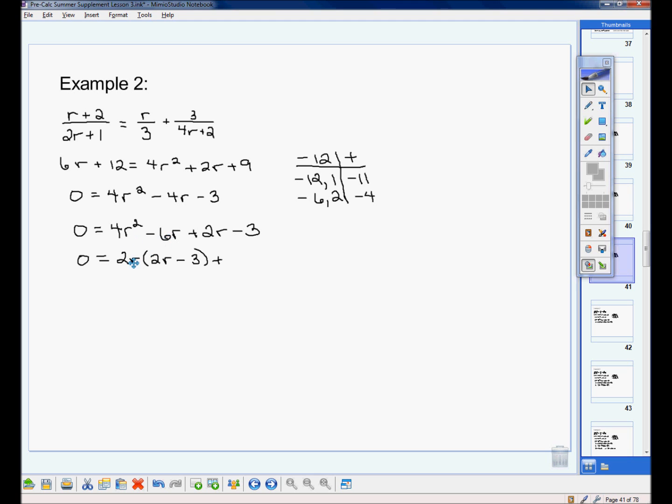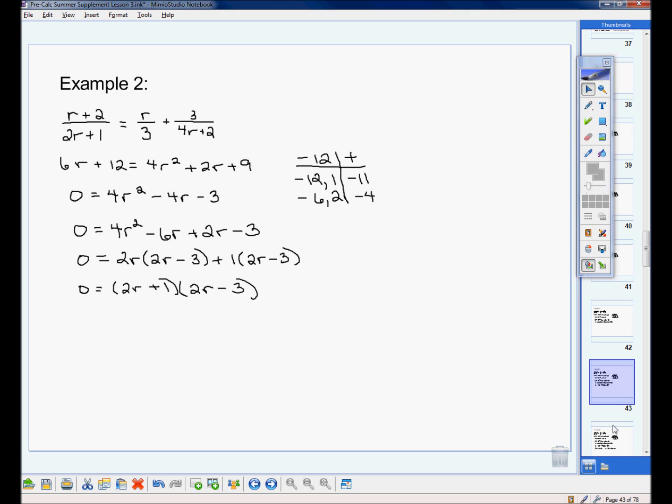2r is in common here. 2r minus 3. 2r times 2r gives you 4r squared. 2r times negative 3 is negative 6r. Now take a look carefully at this one. It doesn't appear that there's anything in common, but keep in mind a 1 is always in common, so we'll factor that one out too. Now 2r minus 3 is in common here, so we factor that once again.